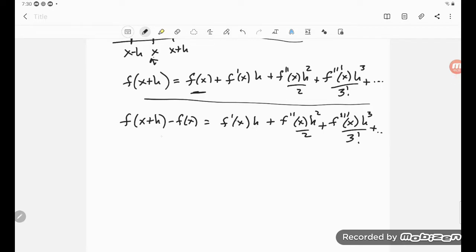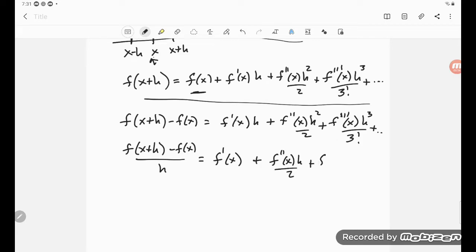Now if I divide both sides by h, then you see that f of x plus h minus f of x over h is equal to f prime of x, and then plus some other things. So plus f double prime of x, h over 2, plus f triple prime of x, h squared over 3 factorial.